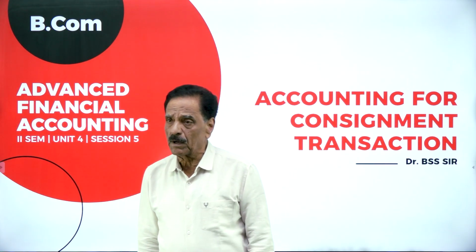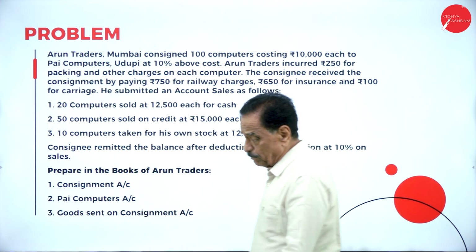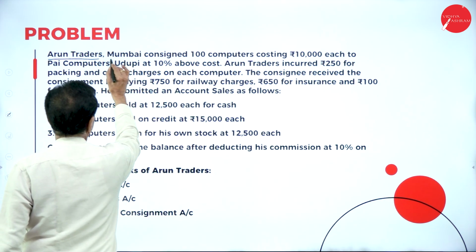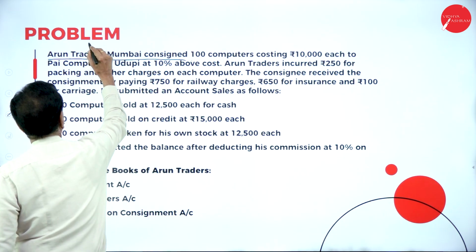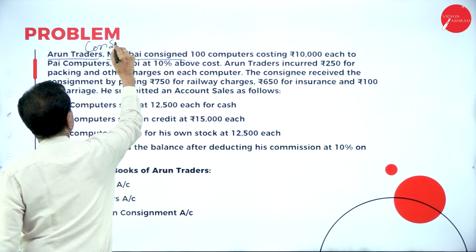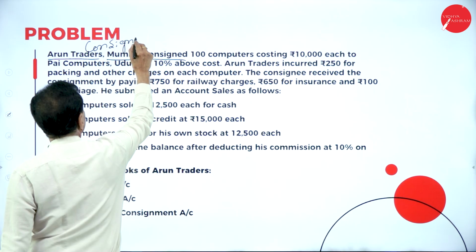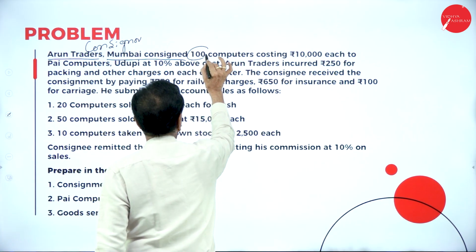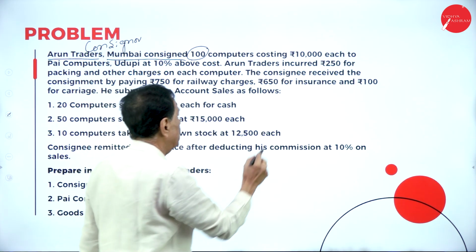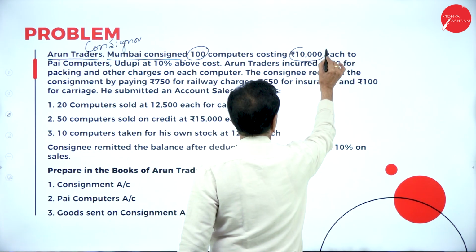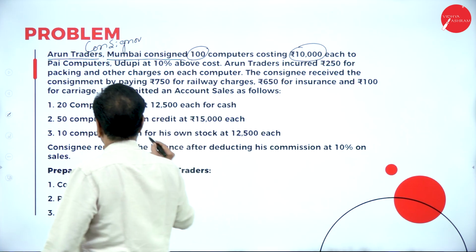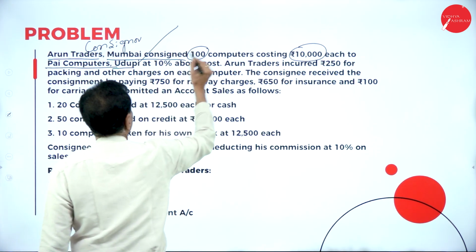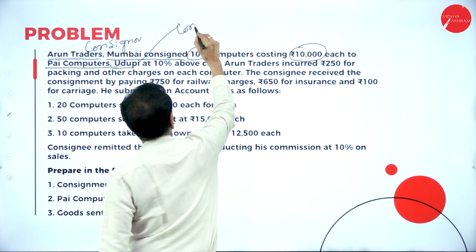We will move on to the problem now. Arun Traders, Mumbai, consigned 100 computers costing rupees 10,000 each to Sri Computers, who is the consignee.